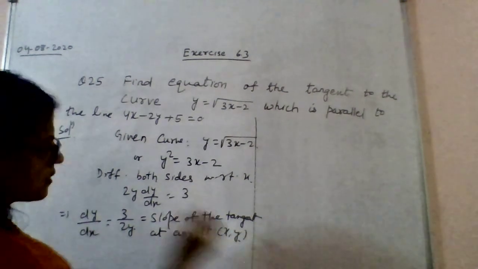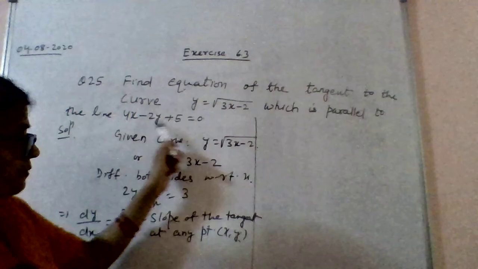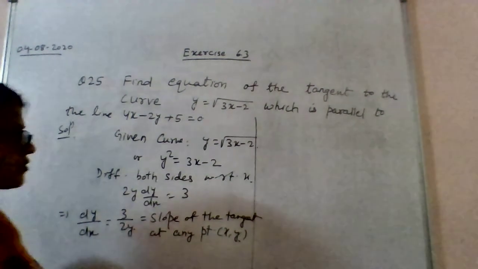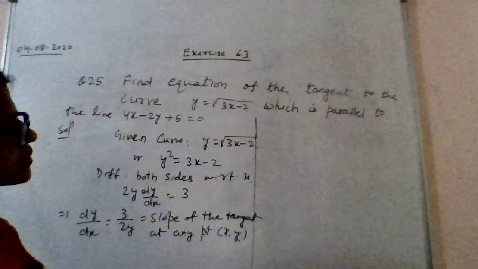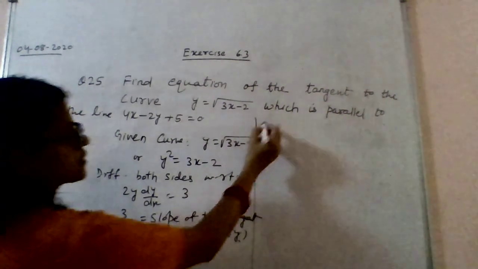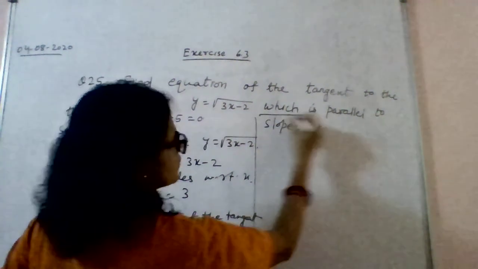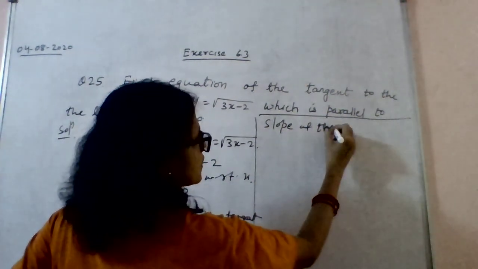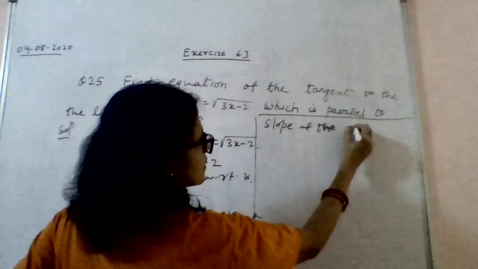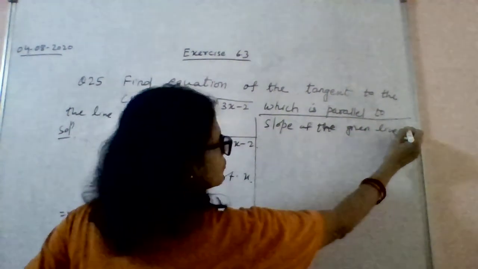Okay. Now you have the tangent parallel to 4x minus 2y plus 5 equal to 0. So what is the slope of the line? The slope of the given line is 2, right?